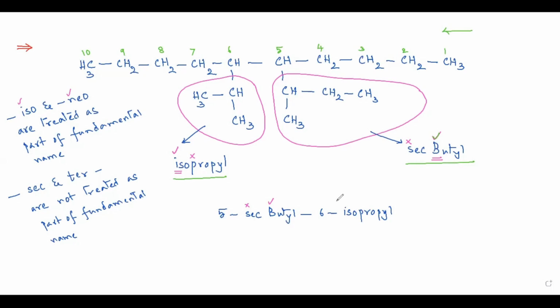Now I am considering I, but not P. So the alphabetical order, what I have considered is B, then I. I am done with the secondary prefix now. No primary prefix because it is acyclic, not a cyclic one. Then there are 10 carbons, so dec, and single bond, so ane. So this is your root word, and this is a primary suffix.